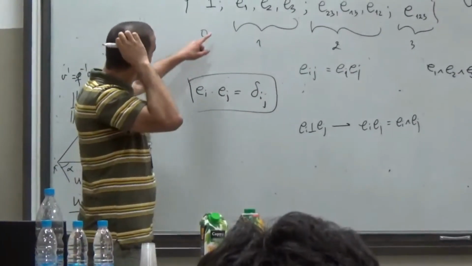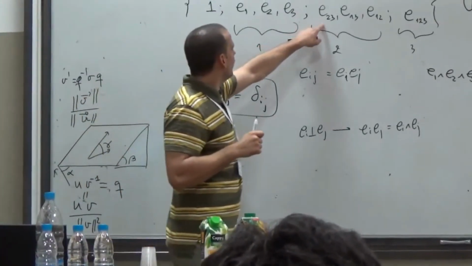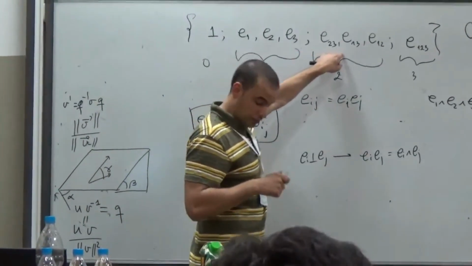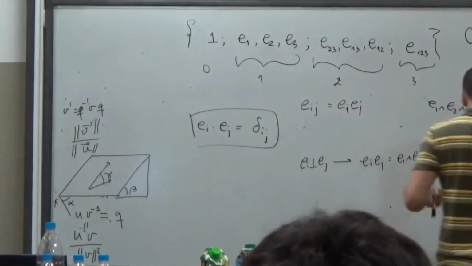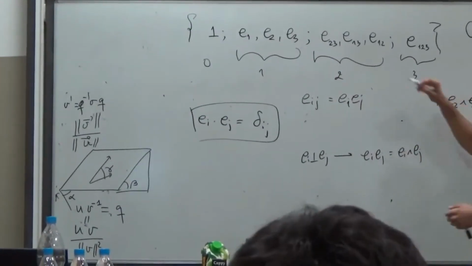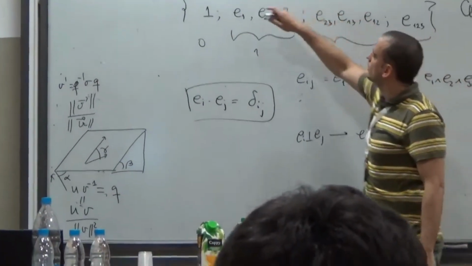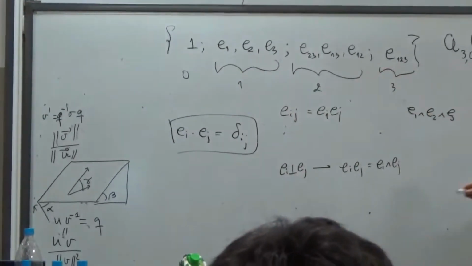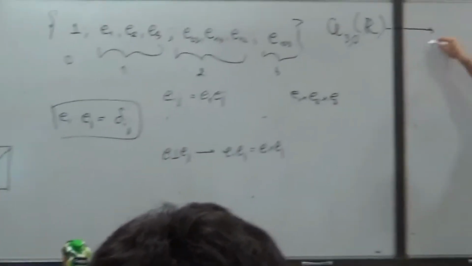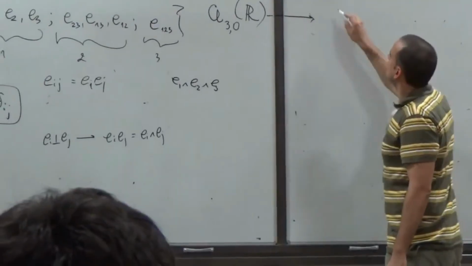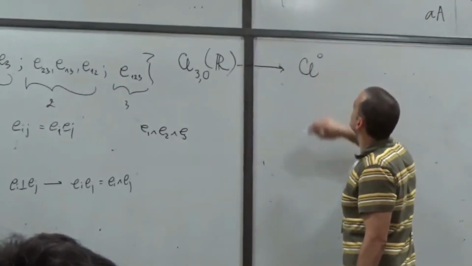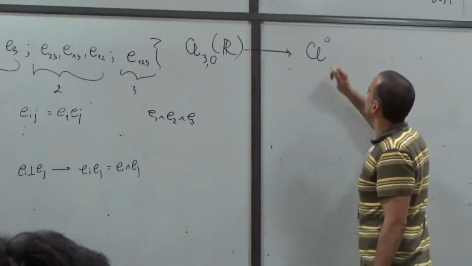And then what are these going to be? Well, as Professor Gonzalez explained, these are the quaternions. So if we take only the even grade algebra, it's usually denoted by this.